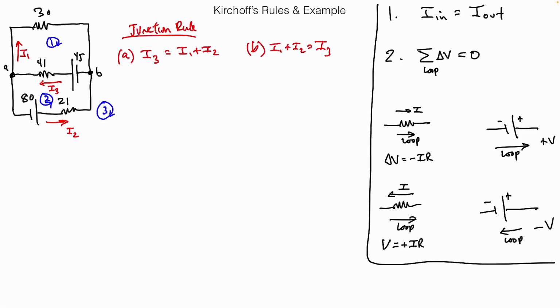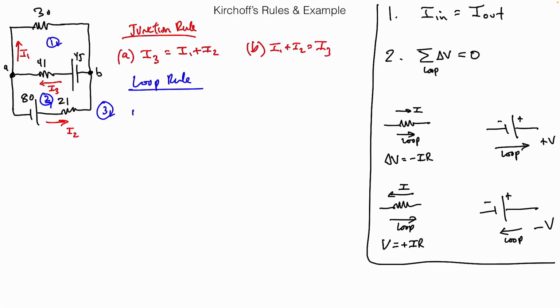I've drawn arrows on my loop indicators that are trying to indicate the direction I'm calling positive. Number 2, I drew the arrow going counterclockwise, but 1 and 3 are both clockwise loops. It's like a loop orientation, if you will. Okay? So now that I've done that, I can apply the loop rule.